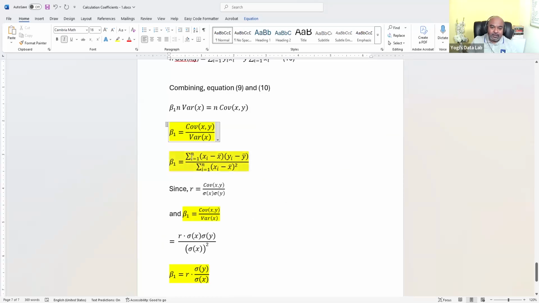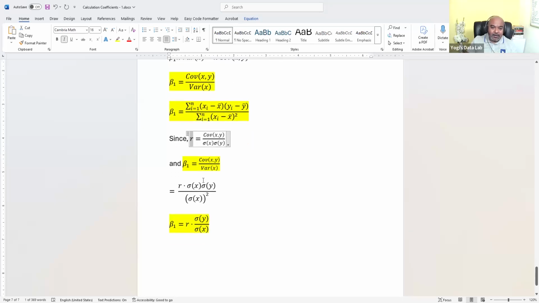Now if I go ahead and open up this formula, I'll see that the n cancels out. Obviously, it is divided by n on both sides, so it is getting cancelled out. And you will be left with only this term. So I can further write that since R, which is my covariance of x and y, divided by the standard deviation of x and standard deviation of y, and beta 1 is covariance of x comma y divided by variance of x, I can say this can be written as R multiplied by standard deviation of x and standard deviation of y, because when you move this up, it will become covariance of x y.